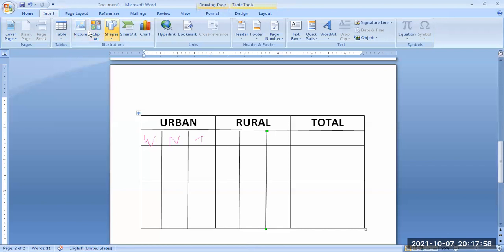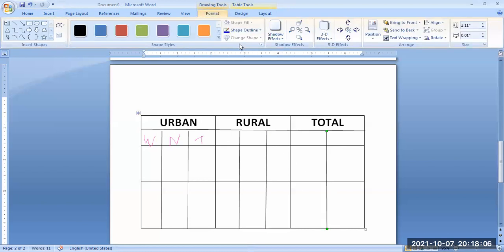Now you see, here also in rural population workers, non-workers and total.